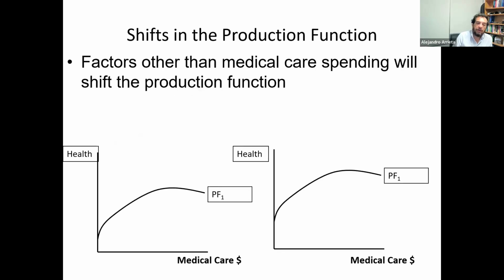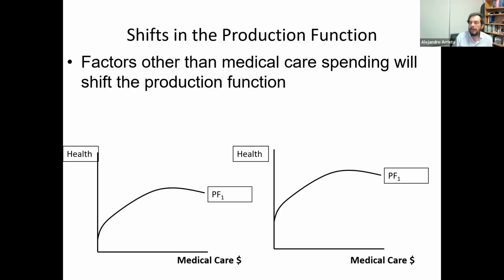So let's now make a little change to the production function, and instead of a basket of different types of inputs, we put a dollar value on all those inputs, and then we add them up. We add all those and we get the expenditure, the medical care expenditure. So it's the same idea. Instead of inputs like quantities, number of doctors, number of nurses, now we have a total medical care expenditure.